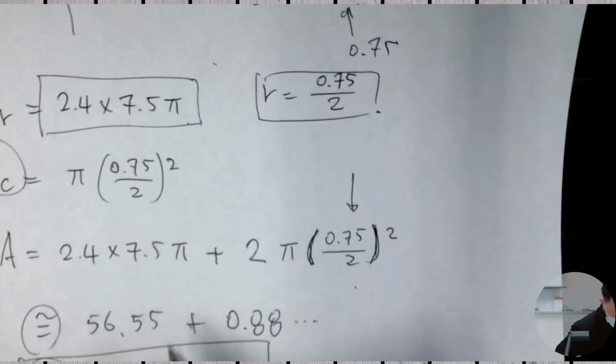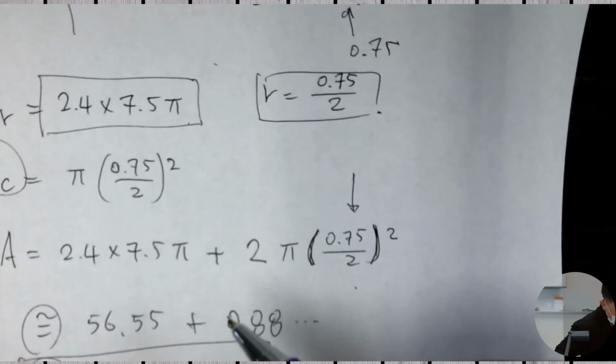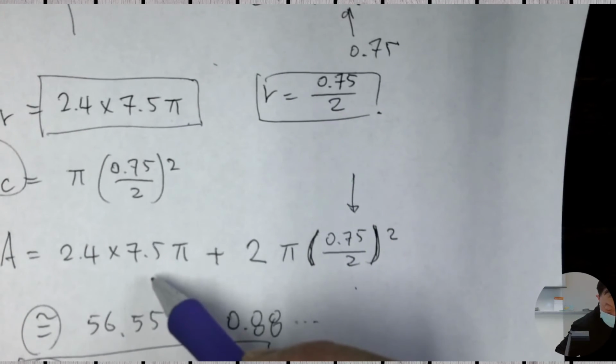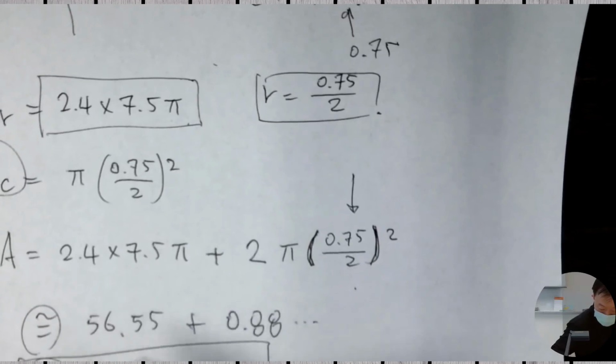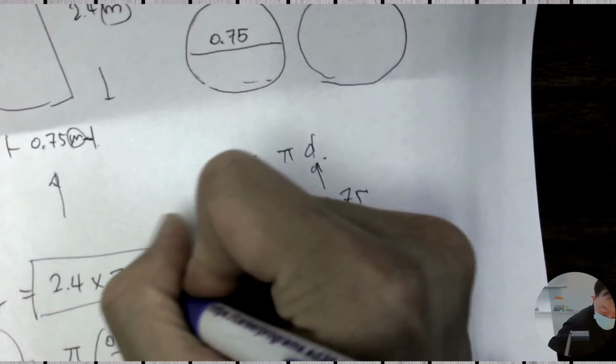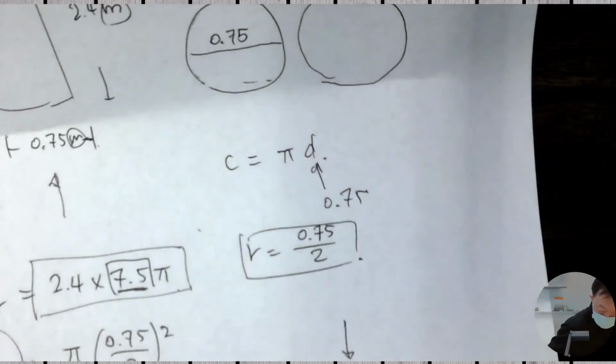Oh, wait a minute. 56. Did I have this incorrect? 0.75. Oh, you guys, you know what? I copied this number wrong. Did you guys realize that?